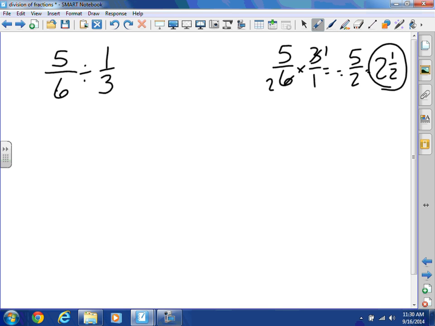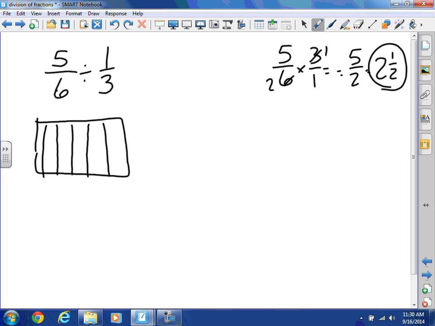Okay. So step number 1, draw 1 and make 5 sixths. So if you do thirds, and then you cut the thirds in half, that will give you sixths. And I need to color in 5 of them.